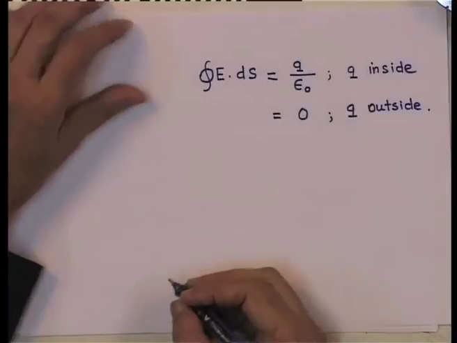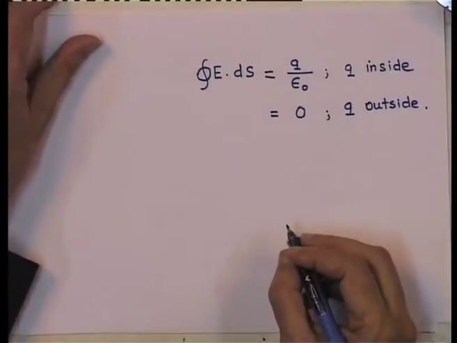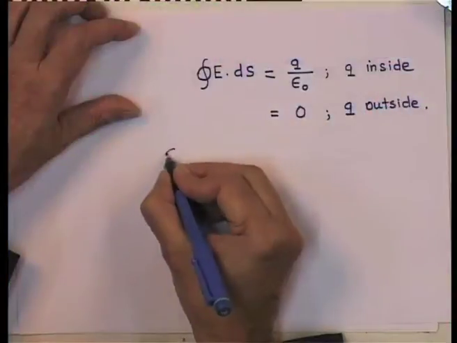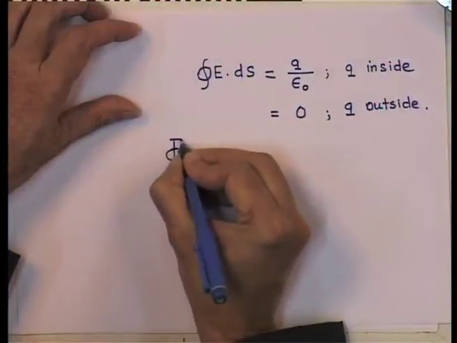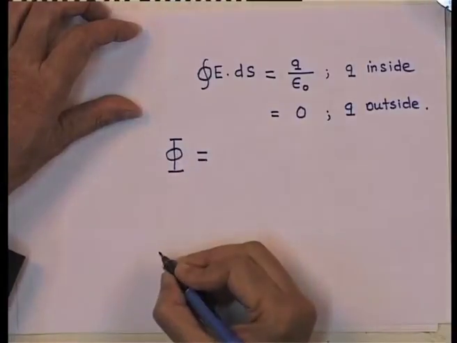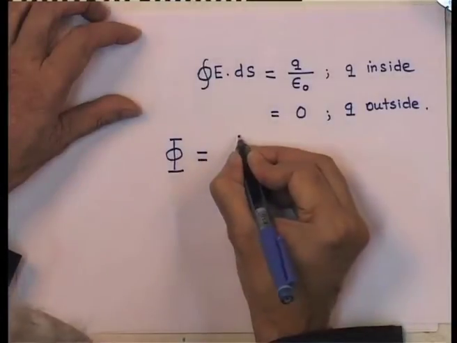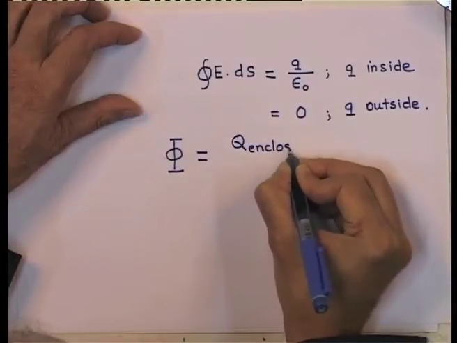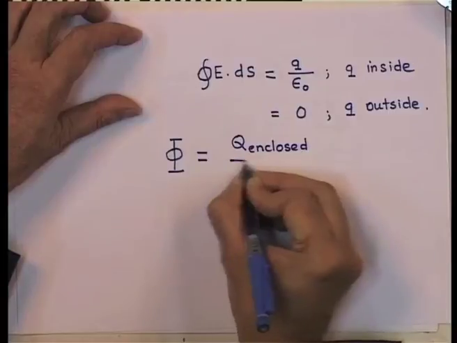Now, this is in general true if I have multiple charges as well, because the principle is the same, it is a superposition principle. So, what you actually find is that the electric flux phi, which is the same as the integral E dot d s, is given by the amount of charge that is enclosed by the surface divided by epsilon 0.